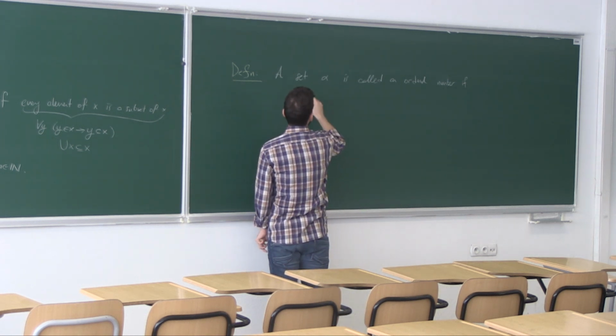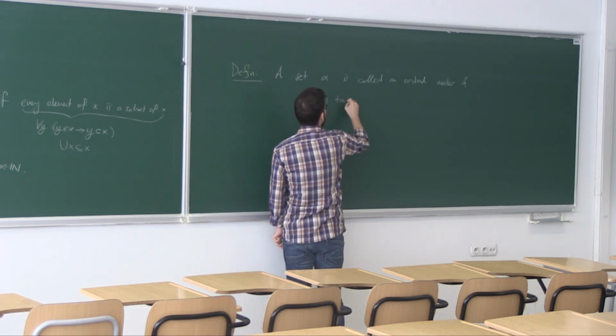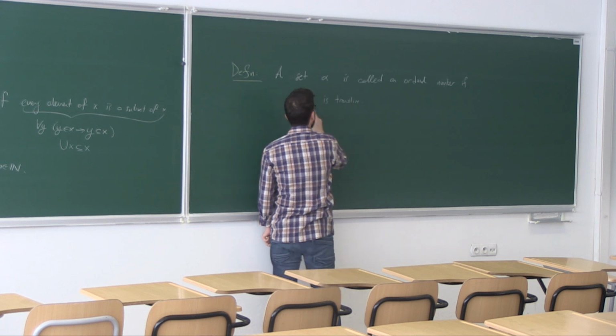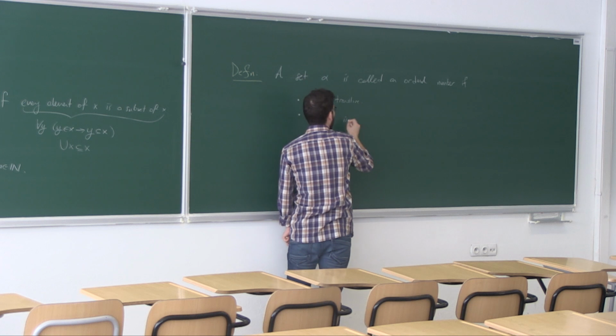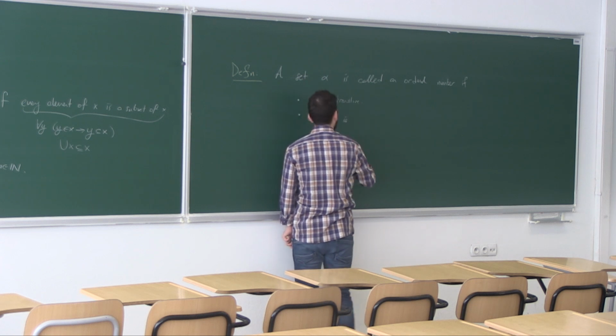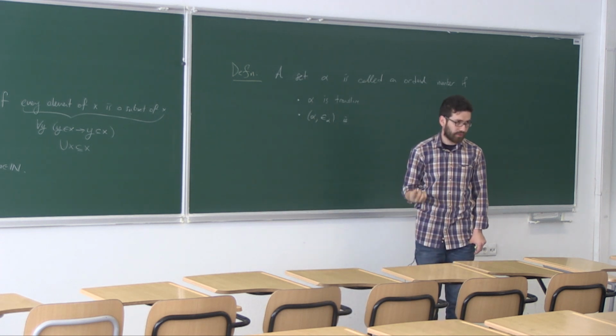A set alpha is called an ordinal number if it is simply a transitive set which is well ordered by its membership relation. And when I say well ordered, I mean strictly well ordered.